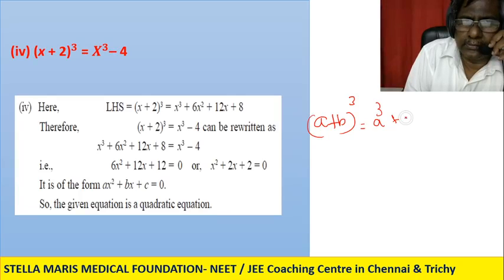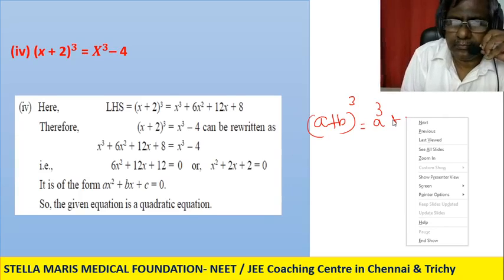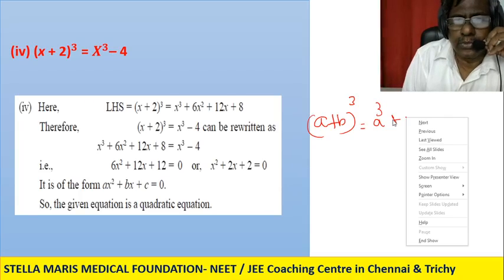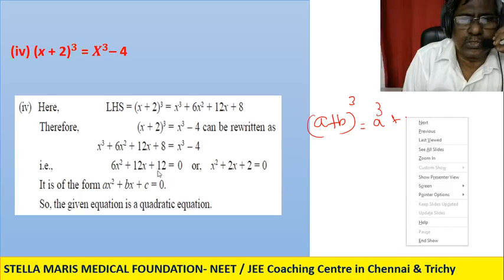So I have written that. So now it will be x cube plus 6x square plus 12x plus 8. Clear? Then x plus 2 whole cube is equal to x cube minus 4. So equate x cube plus 6x square plus 12x plus 8 is equal to x cube minus 4.